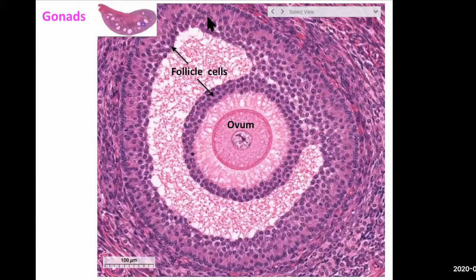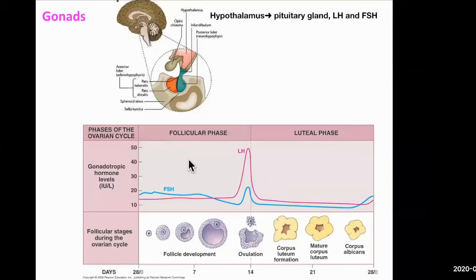So that's a cross section. Again, this whole structure, right, is the follicle. Isn't this a nice picture? This is from histology, a close-up. These are the follicle cells, the support cells around the actual ovum, the actual egg cell itself. Again, I won't really ask about the specifics of this whole follicle development.